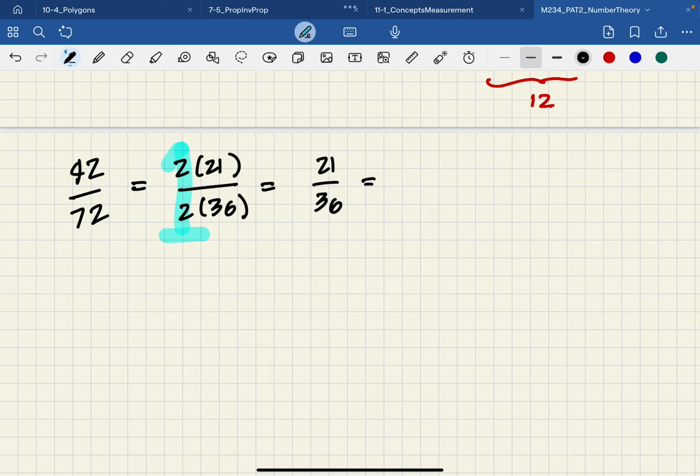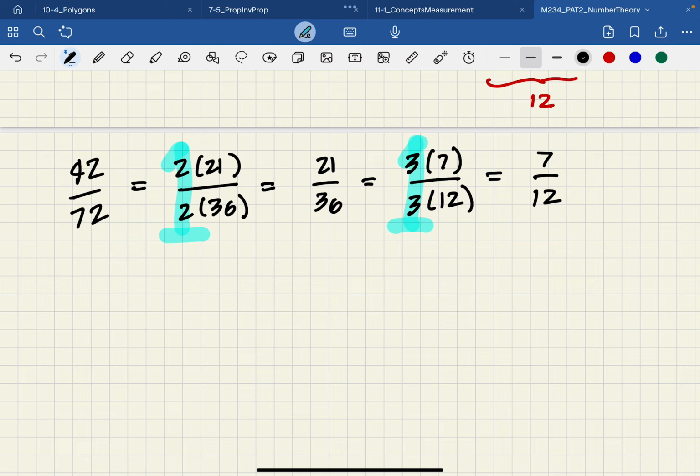But that's also got a factor of 3 to it, so it would be 3 times 7 over 3 times 12, which is, again, one of these smart forms of 1. So I can call this 7/12, right? So written in lowest terms, 42/72 is the same thing as 7/12.